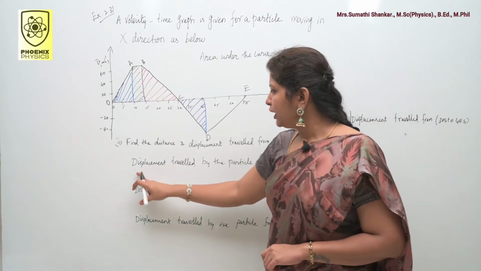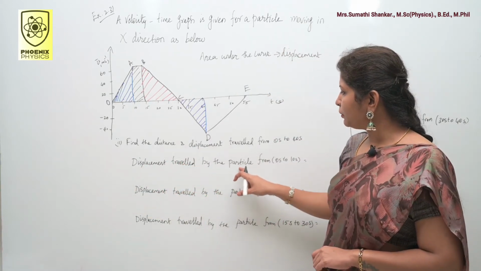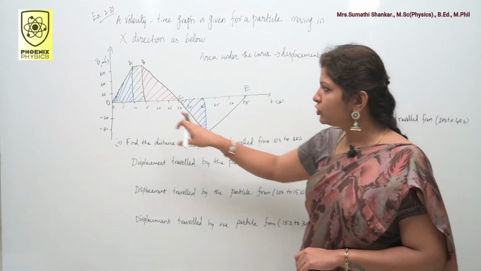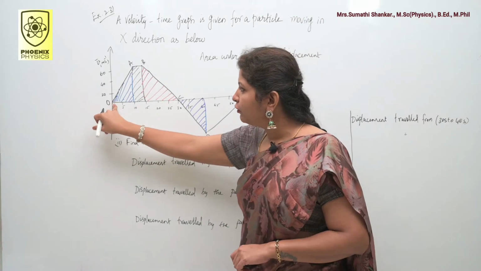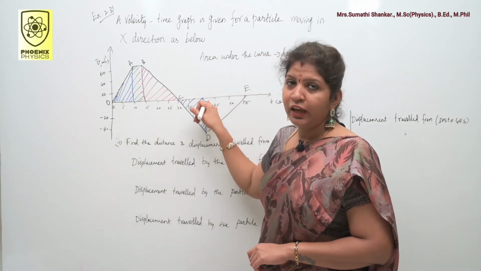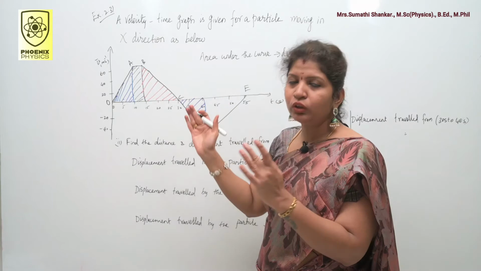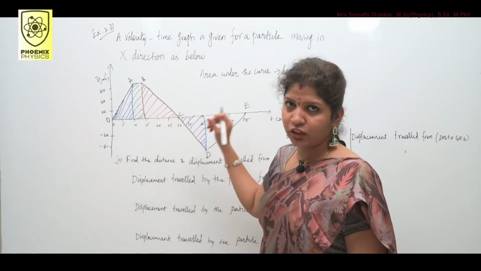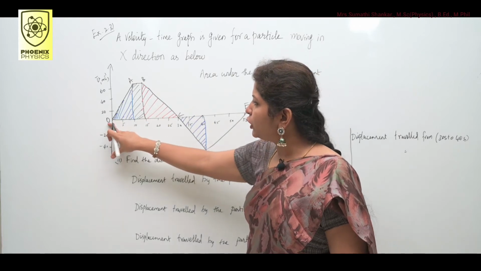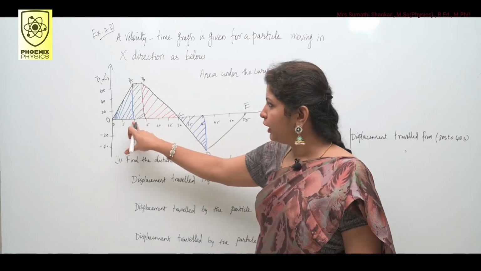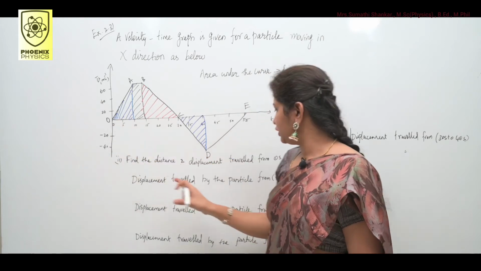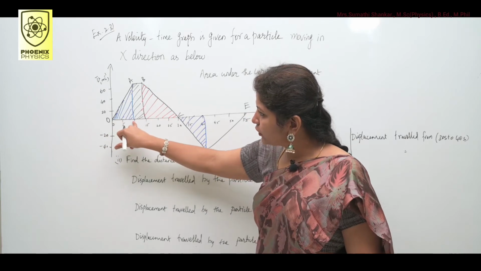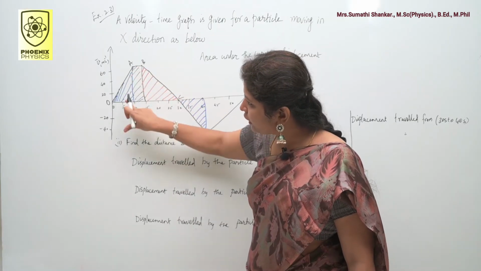So first one, displacement travelled by the particle from 0 second to 10 second. Our aim is to find the displacement from 0 to 40 second. Instead of calculating the total area, we are dividing the graph into regular shapes. From 0 to 10 second, we have to find the area under the curve.